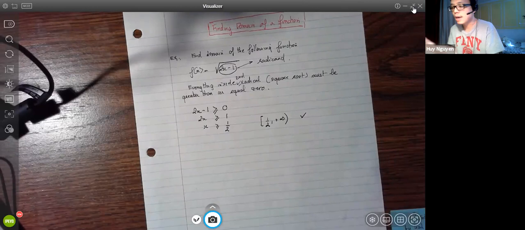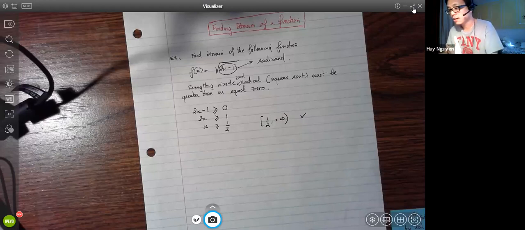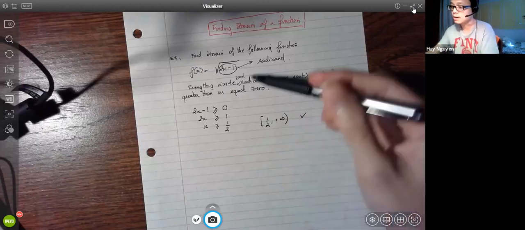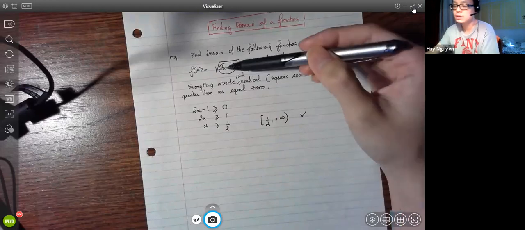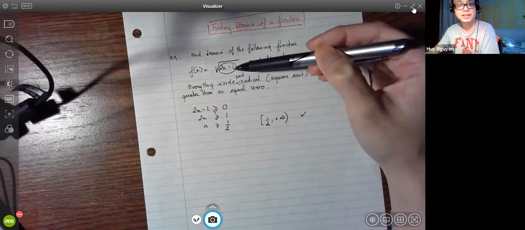It means all the values less than 1/2 do not work. For example, 1/3 does not work. Or -5 does not work. Or even 0 does not work, because just plug 0 in here. 2 times 0 gives you 0. 0 minus 1 is -1.